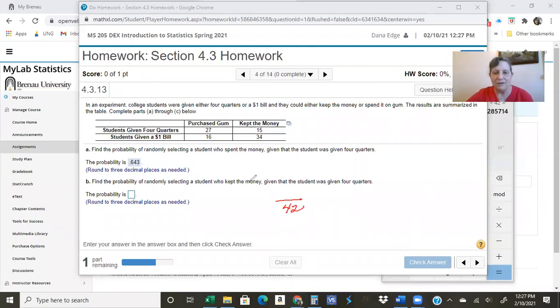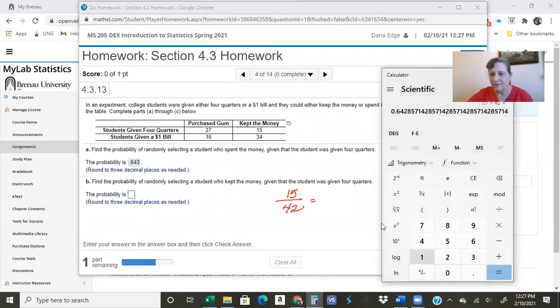And we're only talking about students who kept the money. So that's going to be 15 out of 42. 15 divided by 42 is 0.357.